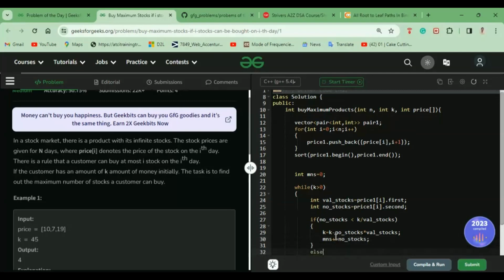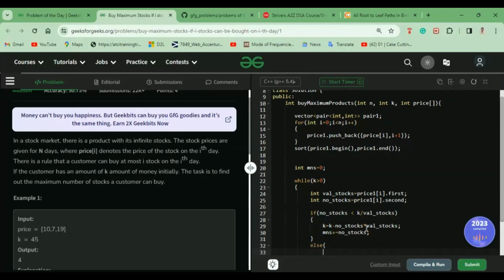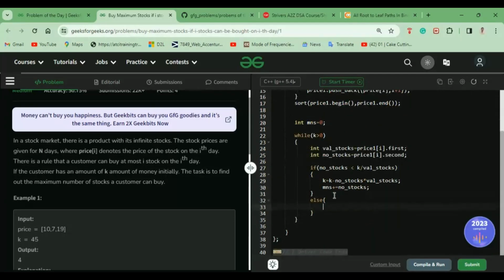So let's say if we can't buy all of them, then we will go into else. We will just simply buy that number of stocks that we can actually buy. Let's say we store that number of stocks in NS, where k is the amount we currently have in hand, and the value of stocks is val_stocks.